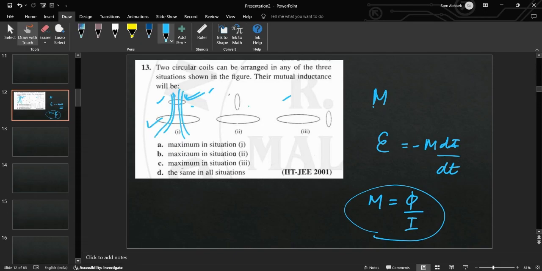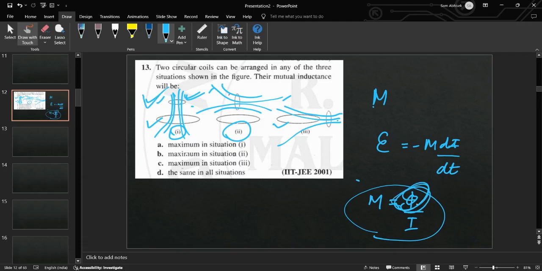Here, if the magnetic field is changing through this loop, it is not passing through the other one. Also here, if the field lines go through this one, they are not passing through the other. This is not the correct way of passing. So option A will be correct because here the maximum magnetic field lines pass through the other coil, so maximum mutual inductance will be there. Since M is equal to φ by I, the flux should be maximum. So option A will be the correct answer.